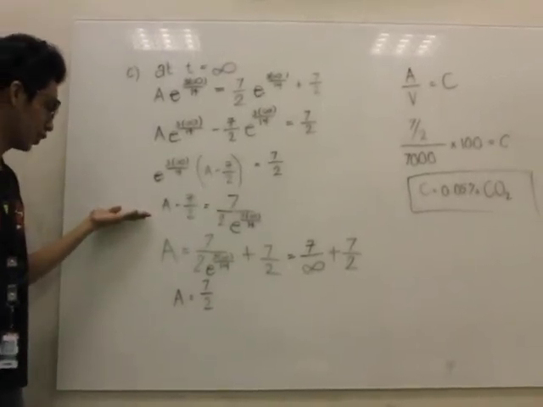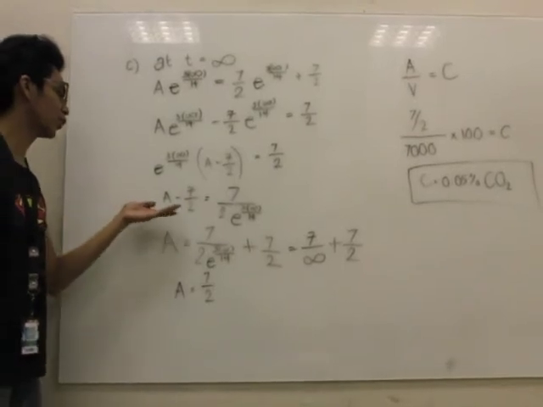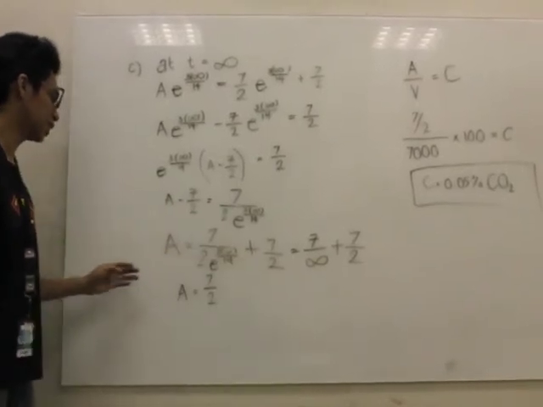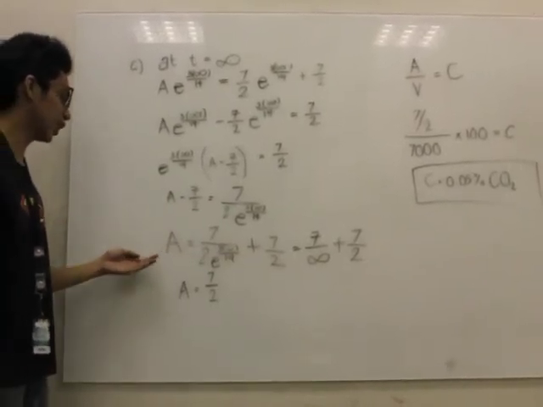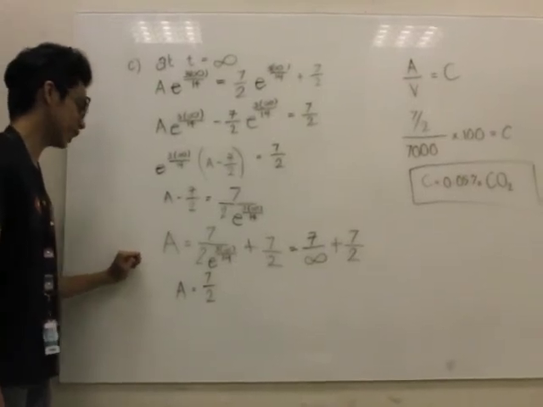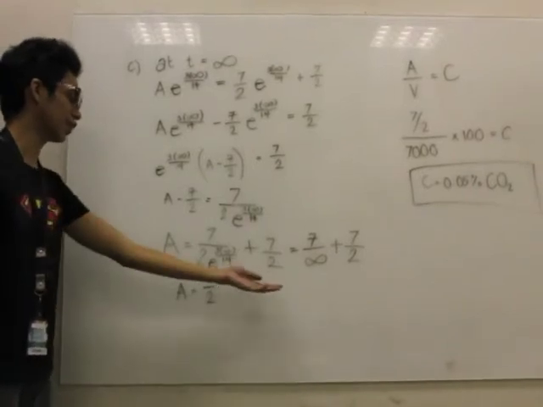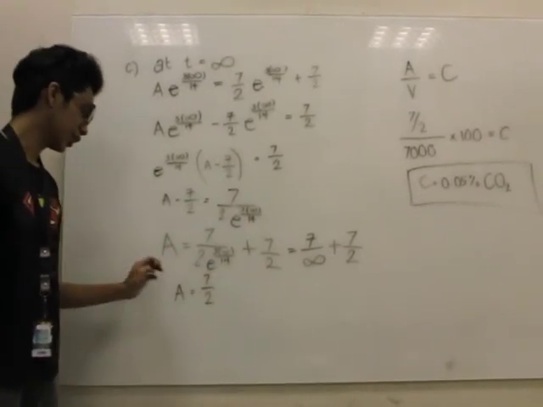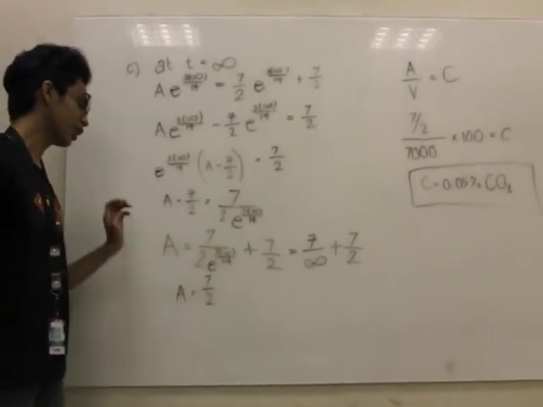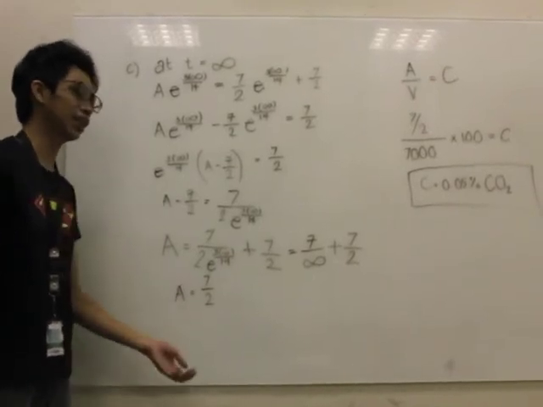And after that, we would transpose 7 over 2 back to the right side, which will become A equals 7 over 2 times e raised to 3 infinity over 14 plus 7 over 2, wherein e raised to 3 infinity over 14 is infinity.